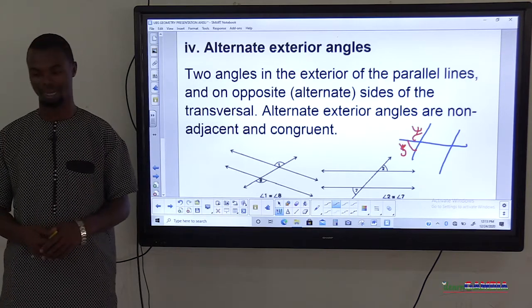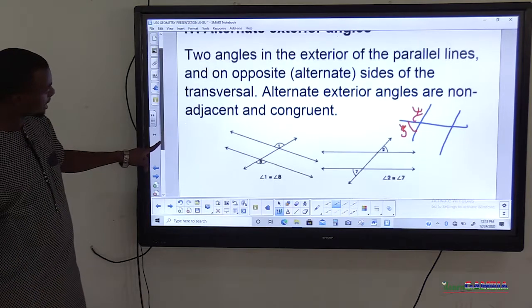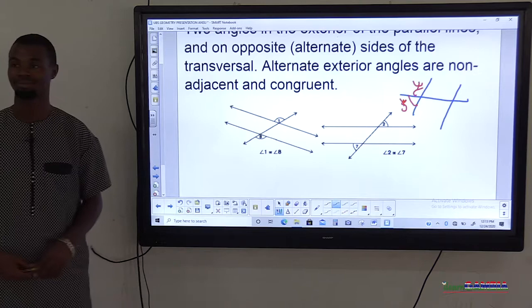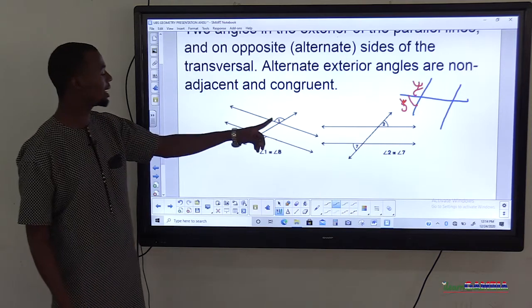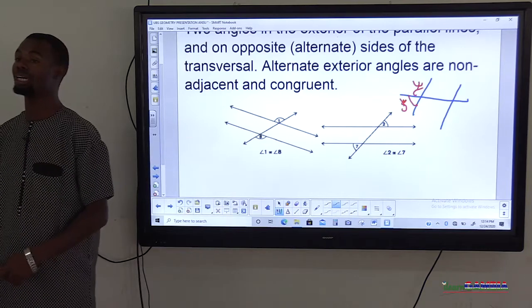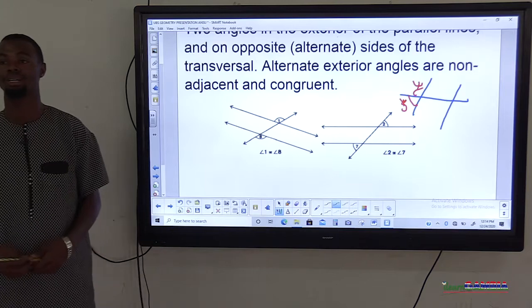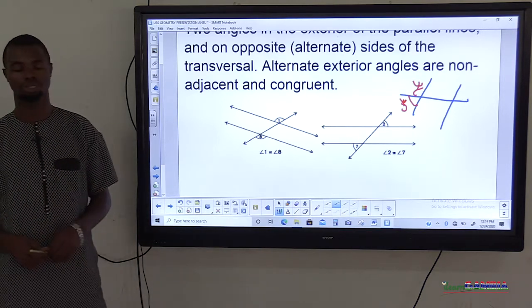They are congruent, they are equal. In the diagram we have angle 1 and angle 8. So angle 1 is equal to angle 8 because they are alternate exterior angles.